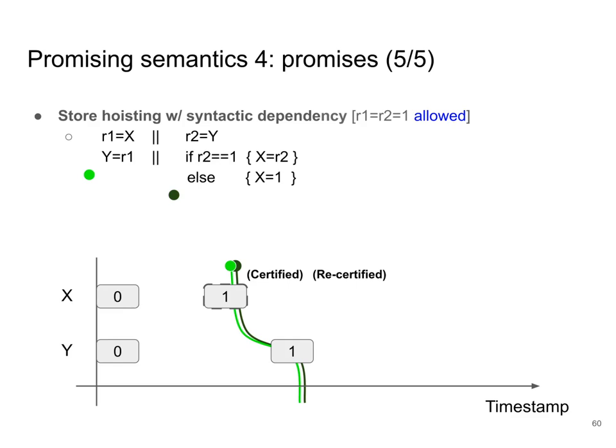And the execution is finished. So far so good. So this example is also explained with the mechanism of promise and certification, because promise and certification rely on semantic dependency instead of syntactic dependency, and it actually accounts for the compiler optimization that is performed on the programming language concurrency semantics.